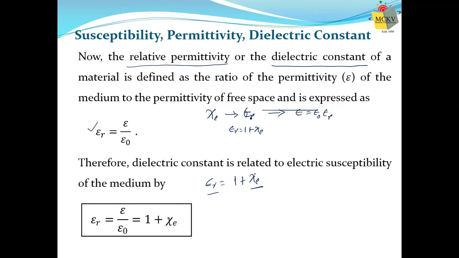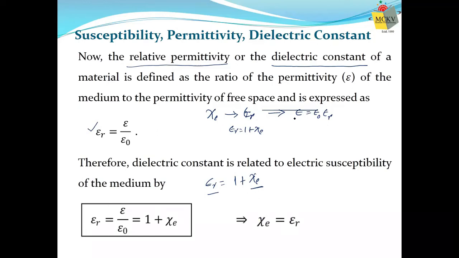That means if you know epsilon r, you know epsilon. So all are related. If you know the value of chi E, you just add 1 to it, you will get the dielectric constant. If you know the dielectric constant, multiply it with the free space permittivity, you will get the permittivity of the medium.